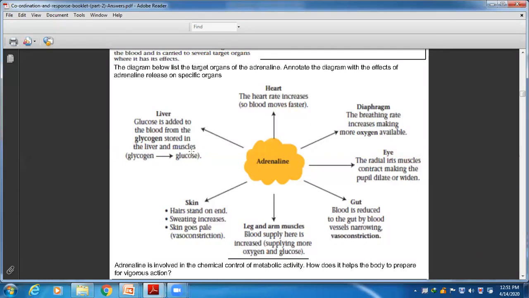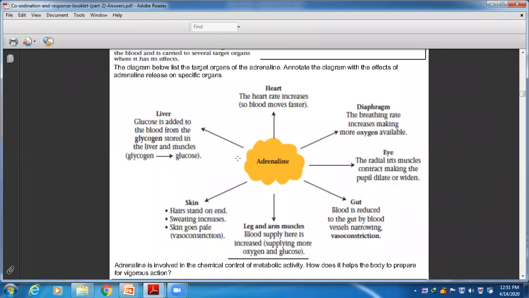Is it clear? So once again, adrenaline also stimulates the production of the glucagon hormone. That hormone is produced by the pancreas and converts glycogen into glucose. Why? Because our body cells need energy, and they take that energy from glucose.